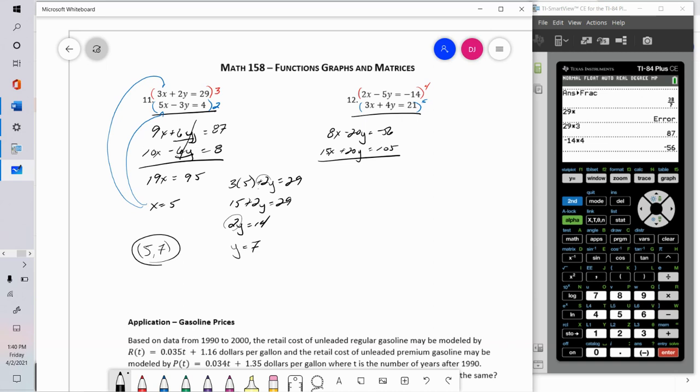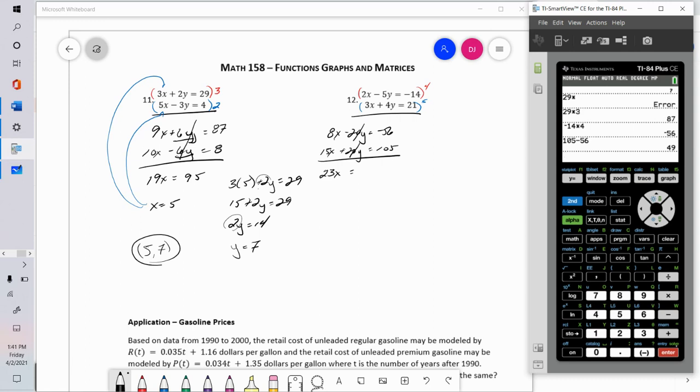And again, when I add these together, notice the negative 20y and the positive 20y are going to cancel out. 8x and 15x is 23x, negative 56, and 105. I believe that should be 49, right? 105 minus 56 is 49. So x is equal to 49 divided by 23. Does not divide. Don't go to a decimal.